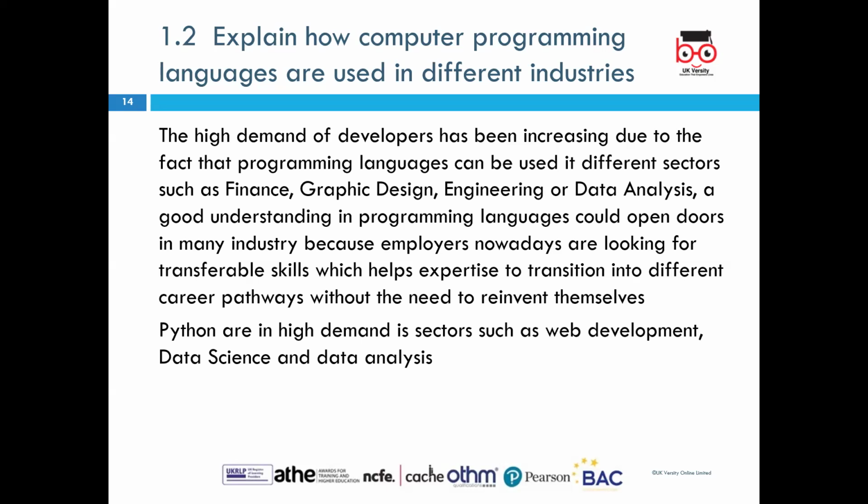So it is really important that developers understand which programming language could be more beneficial when it comes to creating software for these industries. We all know Python is in high demand in sectors such as web applications, data science, and finance.